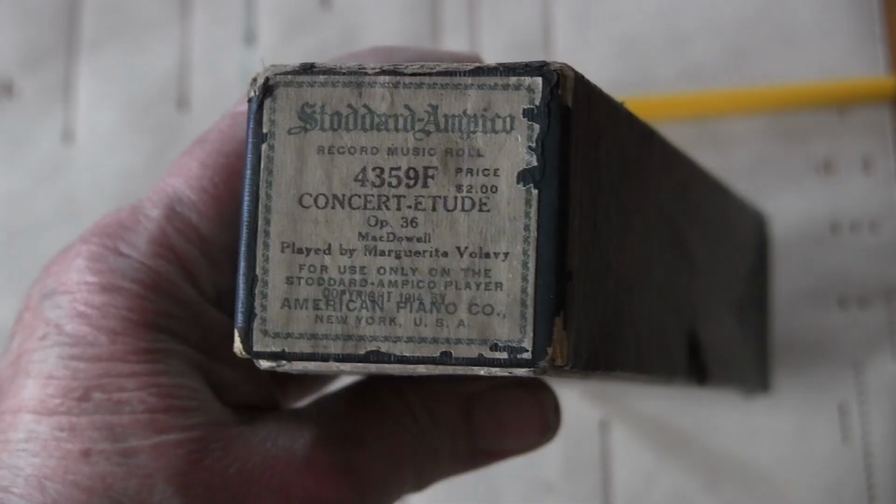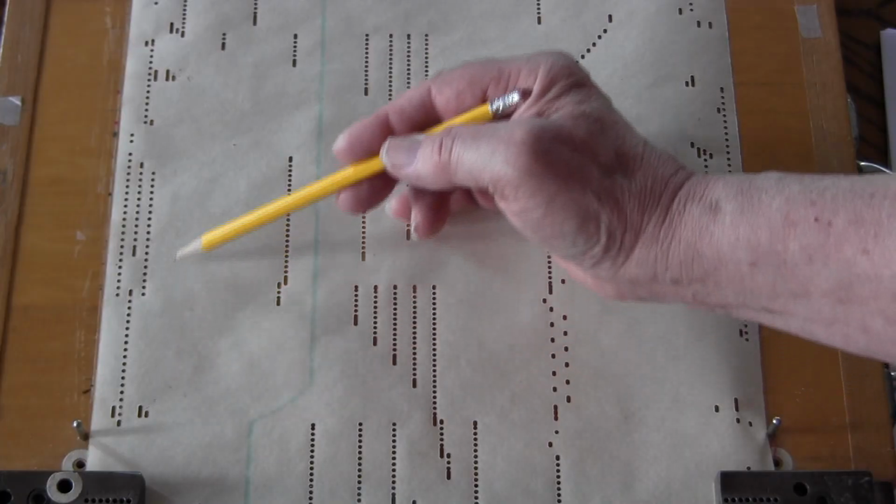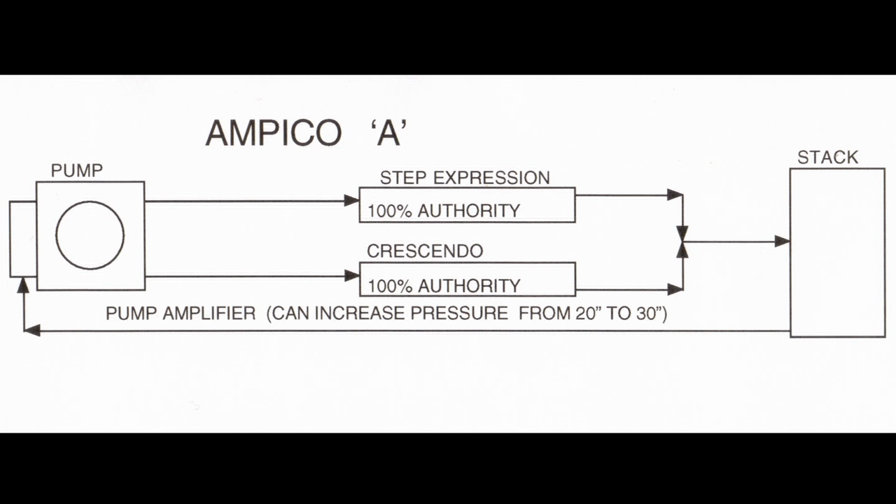That technique seems to be present only in the early rolls from the Stoddard Ampico era. But the crescendo gave roll editors great flexibility. The steps and crescendo combination offered a platform unequaled by Ampico competitors.